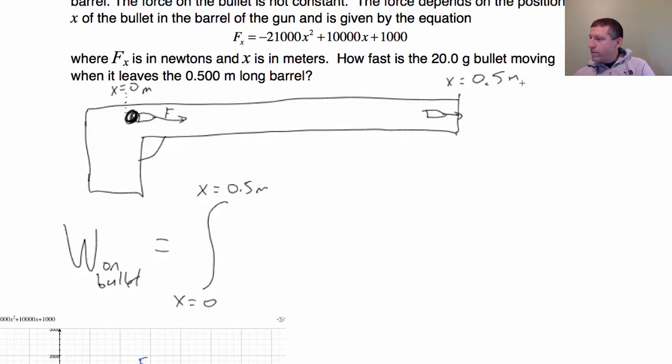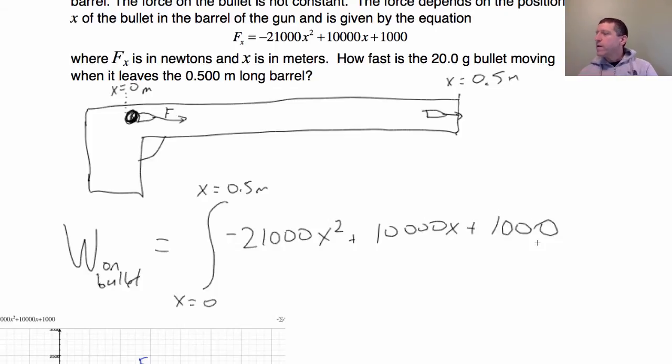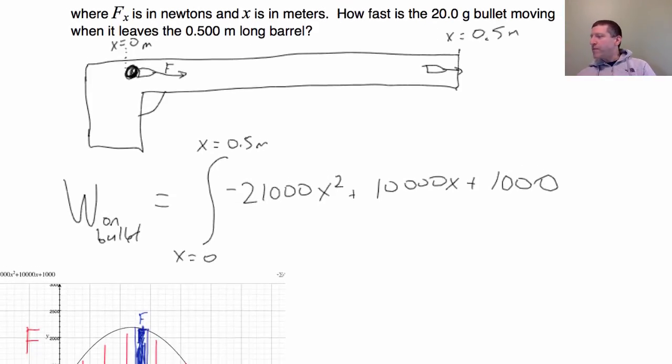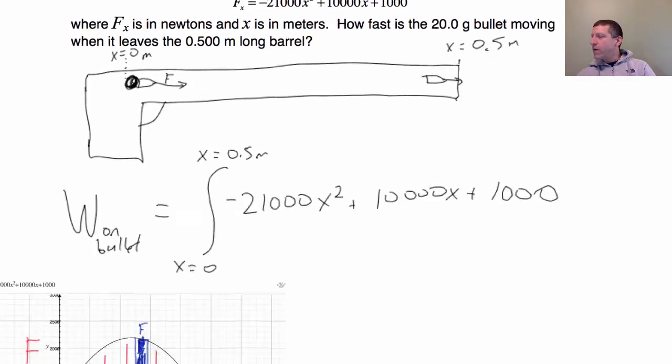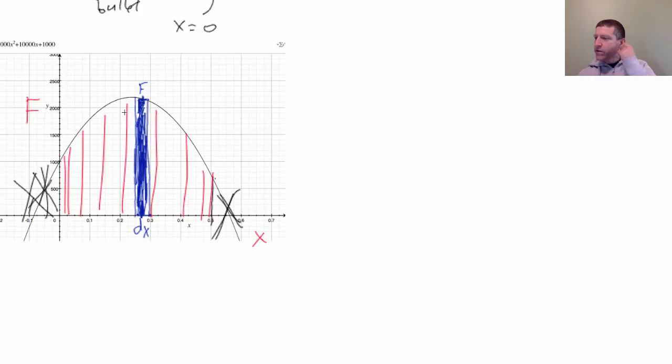And to do that, this symbol means antiderivative or integral. We just write the function right here, which is negative 21,000 x squared plus 10,000x plus 1,000. Now you will learn more about how to integrate, but it's really just the opposite of taking the derivative. So to integrate this, this integral sign means sum because we are literally summing all the areas under the curve. We're summing all of these little areas.